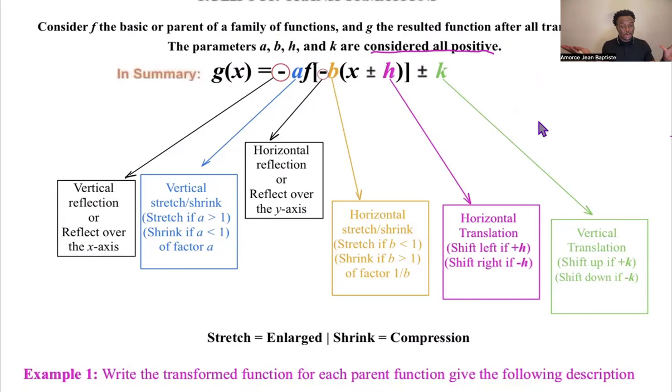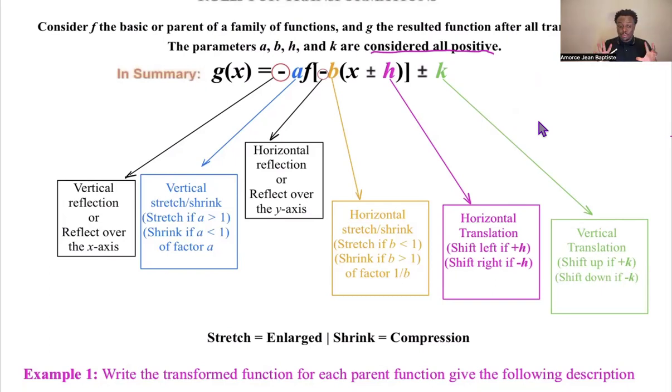No matter what numbers are on the outside, minus sign or H or K or A or B, you will identify the role of each number that was thrown into this equation, this radical square root function, this cubic function, this cube root function, this absolute value function, this quadratic function.